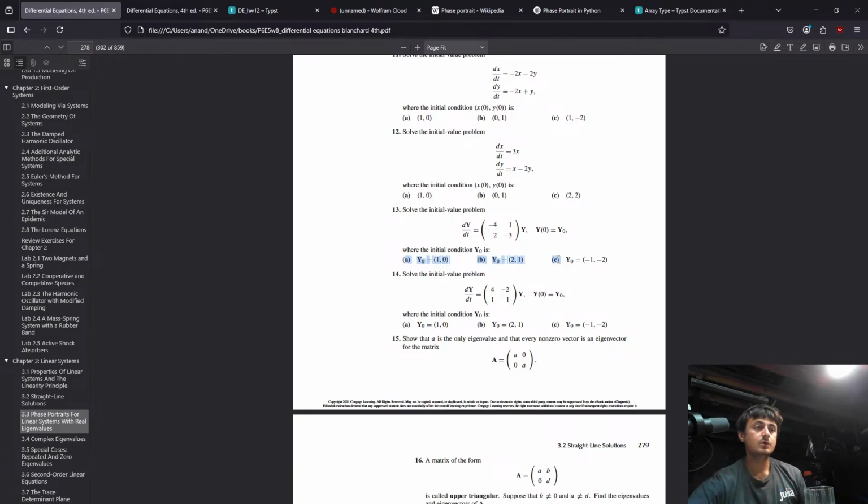A is 1 0, B is 2 1, and C is -1 -2. All right.